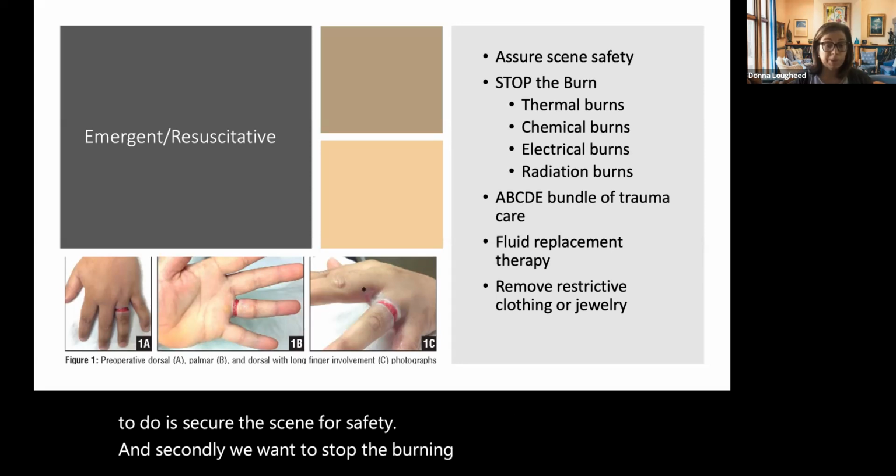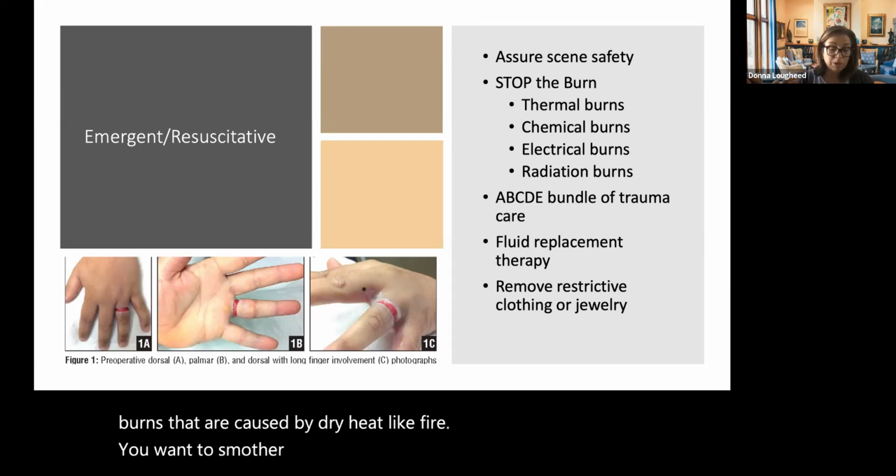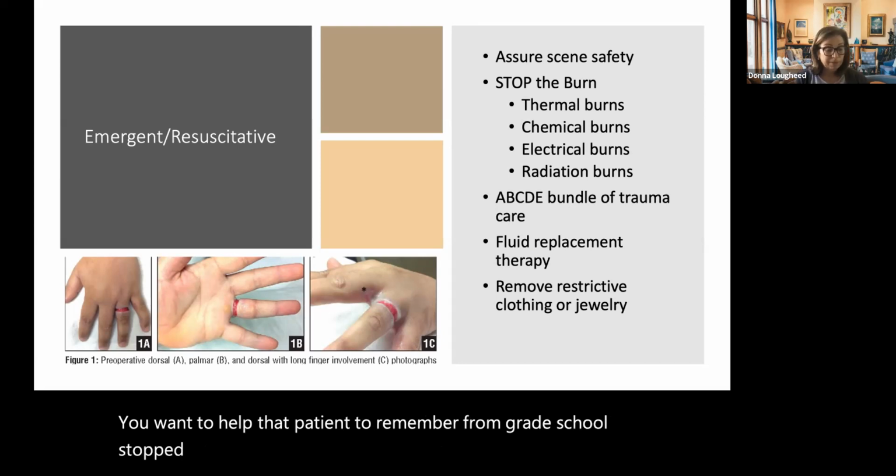With thermal burns that are caused by dry heat, like fire, you want to smother the inflamed clothing or throw water at it. You want to help that patient to remember from grade school, stop, drop, and roll, still pertinent today.